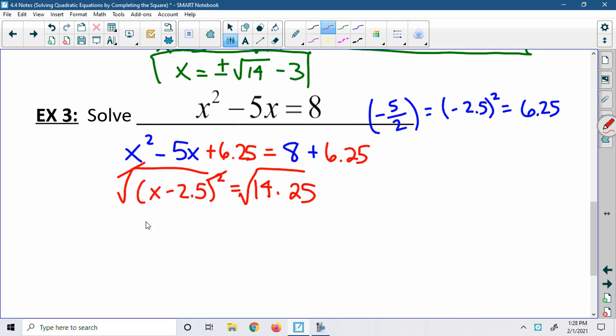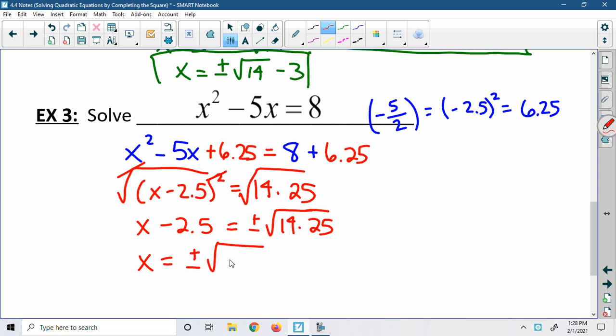So doing the square root, we'll get x minus 2.5 equals plus or minus the square root of 14.25. Add that 2.5 to the other side, so x will equal plus or minus the square root of 14.25 plus 2.5. Let's definitely get the decimal approximations for this one.